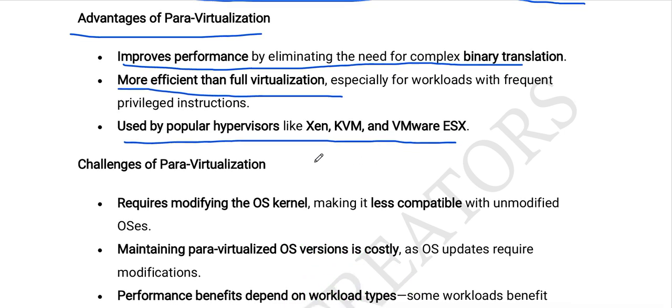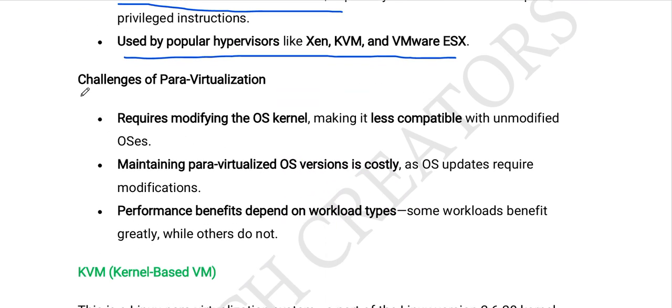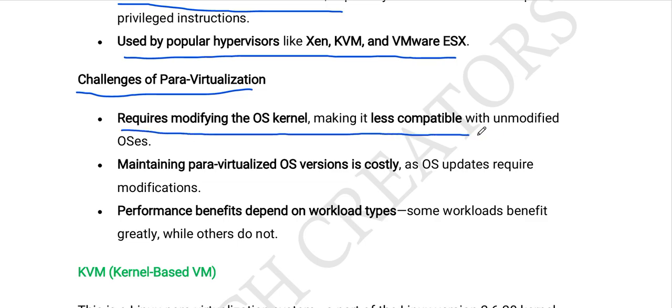Next up, what are the challenges of para-virtualization? It requires modifying the OS kernel, making it less compatible with unmodified OSs. Modification is necessary for para-virtualization.